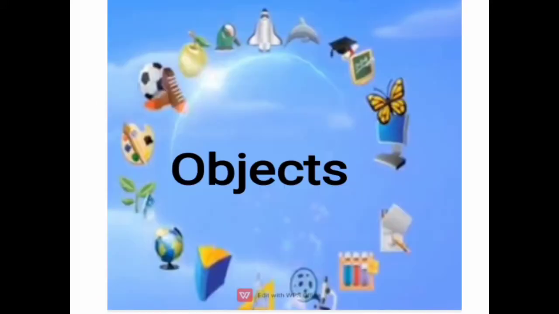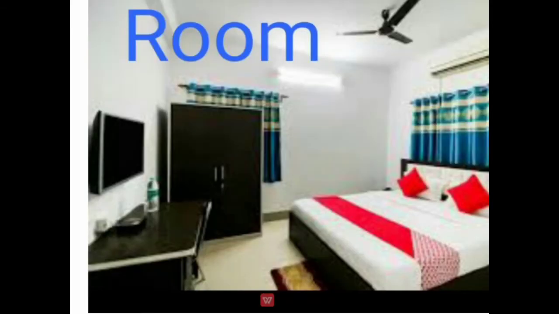Yes, dear students, in our surrounding we can see more different types of big items and small items. Look at this picture, ma. This is considered a room. Okay, in this picture we can see more different types of objects that are bureau, TV, table, bed, pillow, fan.